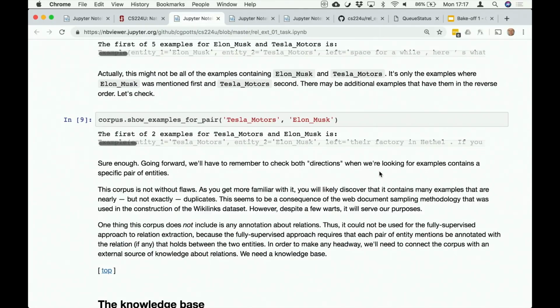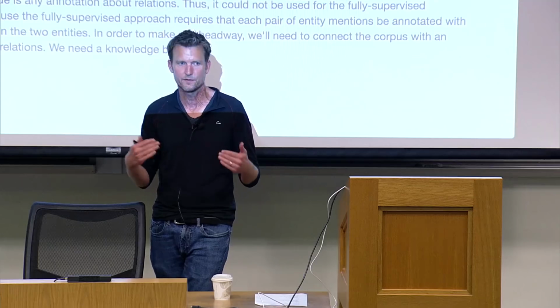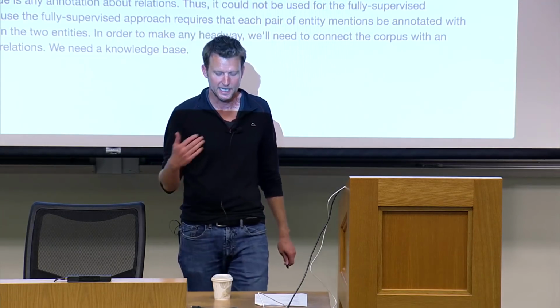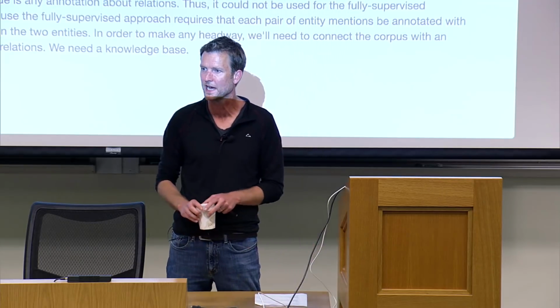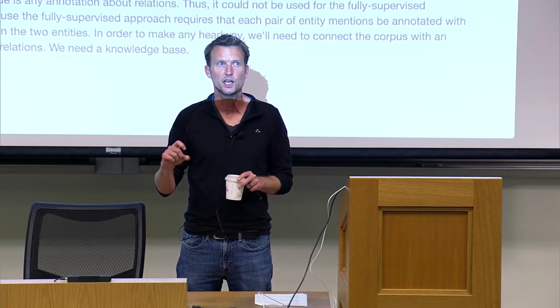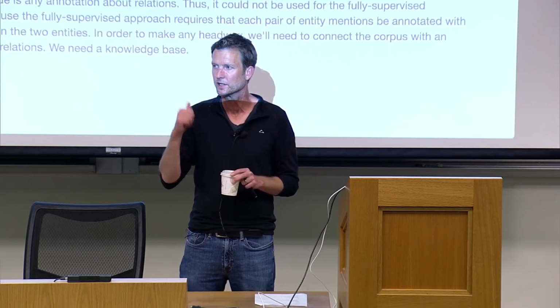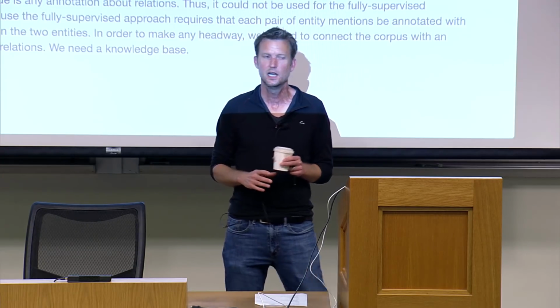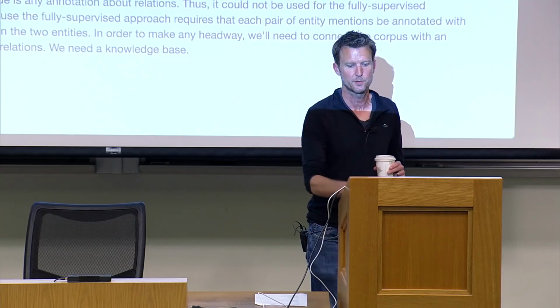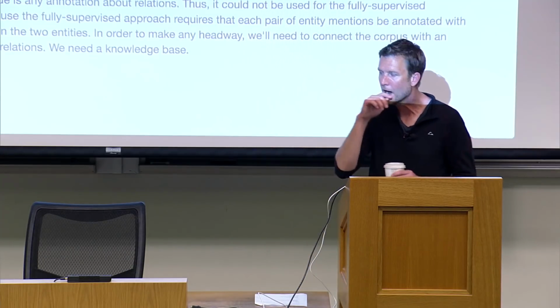I don't know exactly how they did that, but there's lots of near duplicate documents on the web, pages that differ from each other only by a little bit, and I think they didn't try to weed those out. And so you will see lots of those near duplicates, and they will cause some funny looking results that we'll run into later. It's a flaw, but it's not a showstopper for this data set.